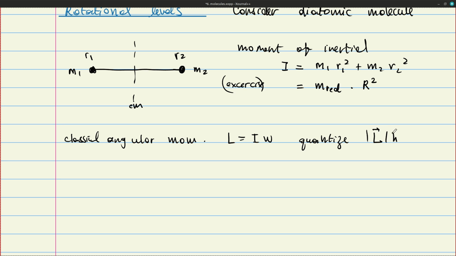Exactly, h bar, square root of J(J plus 1). We use the letter J for this. And this is in line with our motto. Any angular momentum is an angular momentum, and they all have the same form. Whether you have orbital angular momentum, which is L, spin angular momentum, which is S, or rotational angular momentum, there's only one way to quantize angular momentum, and that's it.